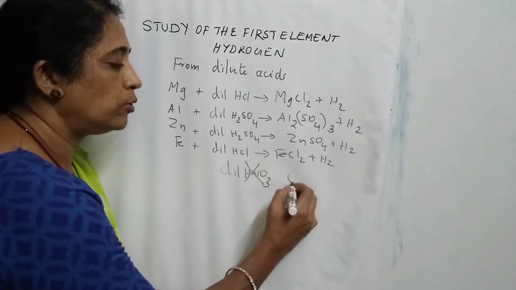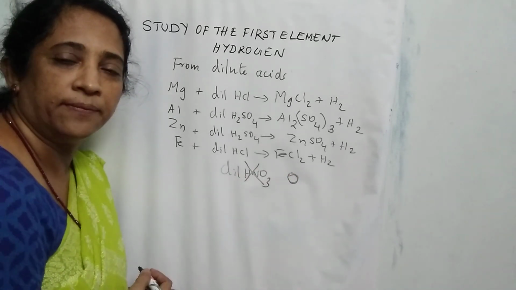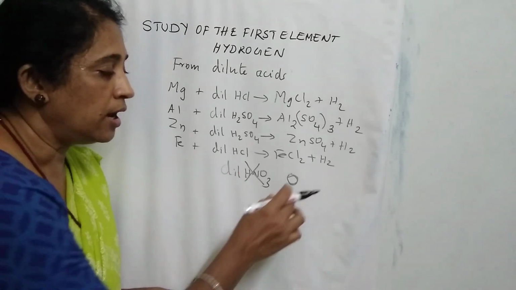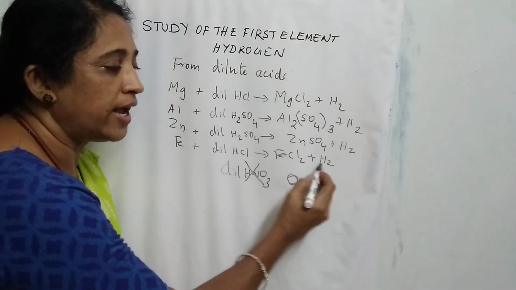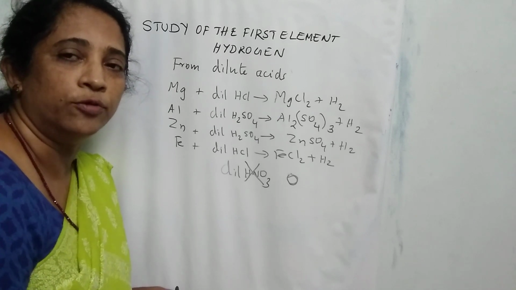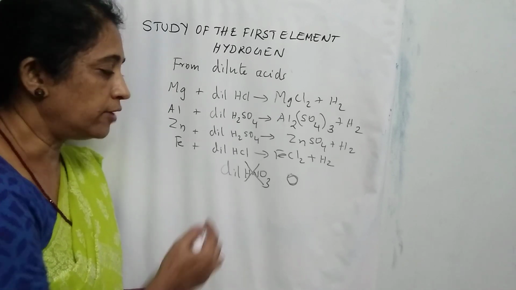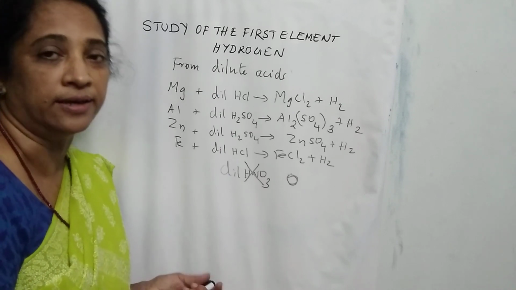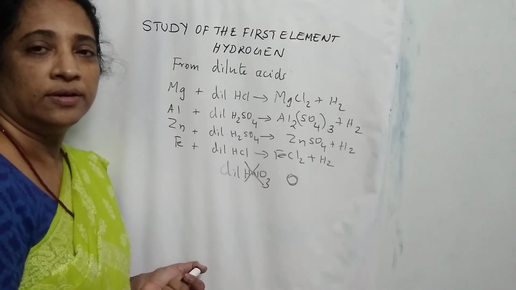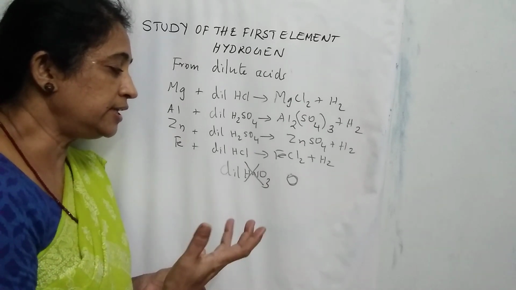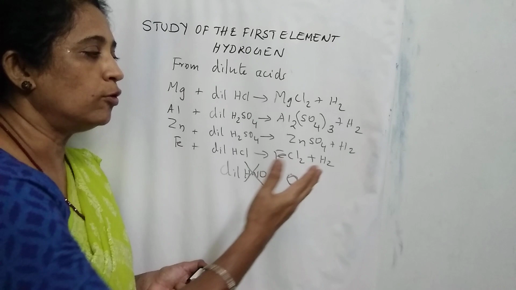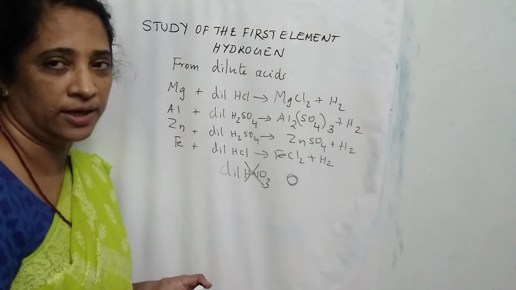It is a producer of oxygen, and oxygen reacts with the evolved hydrogen and forms water. So therefore nitric acid is not used in the preparation of hydrogen. The reason is that dilute nitric acid acts as an oxidizing agent and oxidizes hydrogen to water.